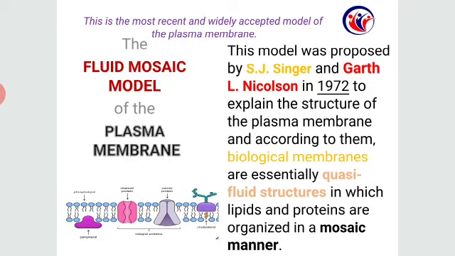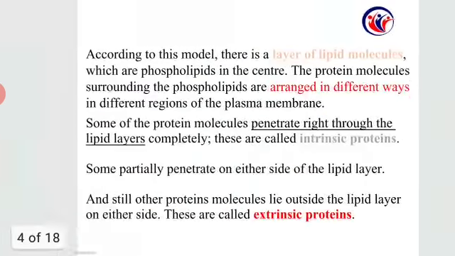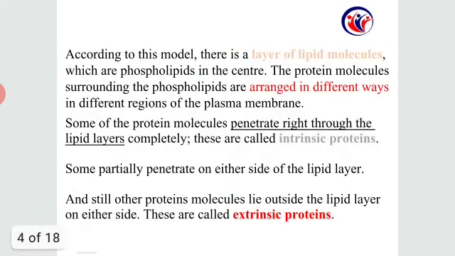And according to them, biological membranes are essentially quasi-fluid structures in which lipids and proteins are organized in a mosaic manner. Okay, now according to this model, the fluid mosaic model, there is a layer of lipid molecules which are phospholipids in nature.